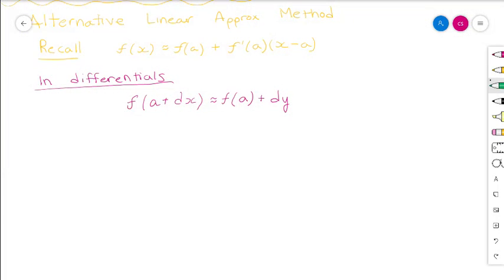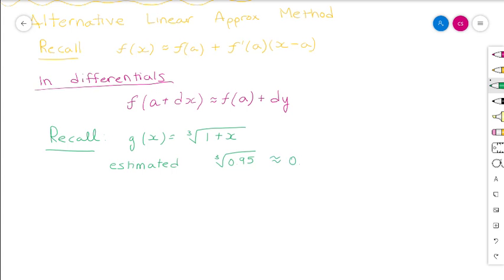So let's look at an example that we did at the beginning of this section. We looked at g of x equals the cubed root of 1 plus x, and we found the linear approximation, and we were able to estimate the cubed root of 0.95 to be approximately 0.9833.